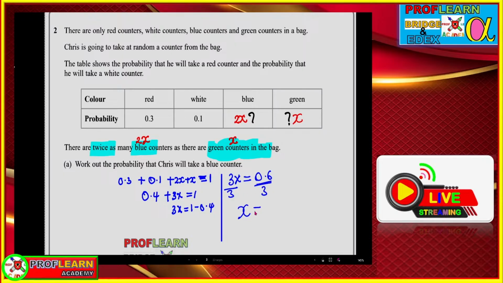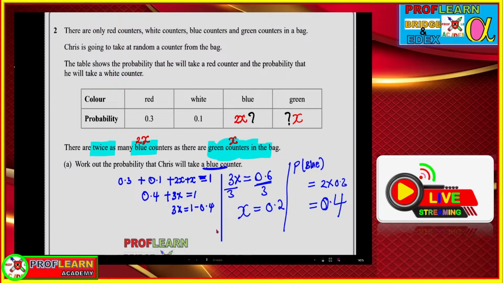This is going to be x equals 0.2. Now work out the probability that Chris will take a blue counter. So the probability of taking a blue counter, remember it was 2x. So probability for blue counter is going to be 2 times the value of x, which is 0.2, and that is going to be 0.4. Probability for a blue counter here is going to be 0.4.